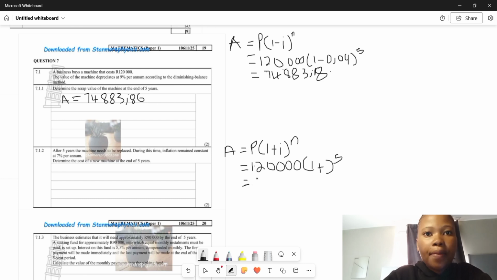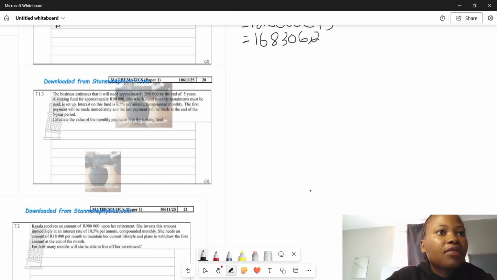So now we're going to have the accumulated amount, which is going to be 168,306.2. So now they tell us about this one, which is approximately 90,000, 5 years. The sinking fund is 90k, and we have our percentage and 5-year period.